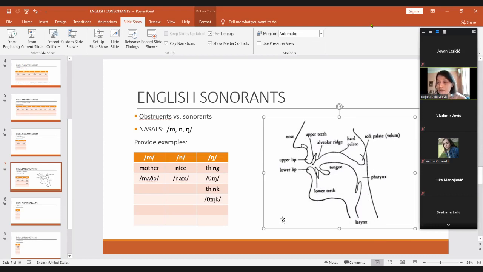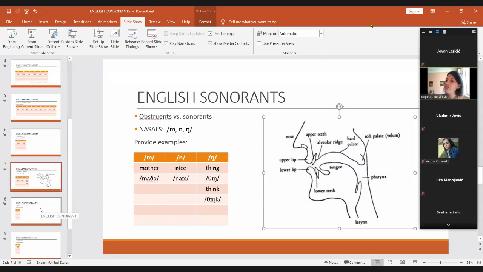So there is a free escape of air through the nose, but simultaneously you can make an obstacle in the oral cavity. This free escape of air, sometimes through the nose, sometimes along the sides of the mouth, is typical of sonorants. For now, you don't have to pay too much attention to it, I just want to introduce symbols and discuss the basic differences.